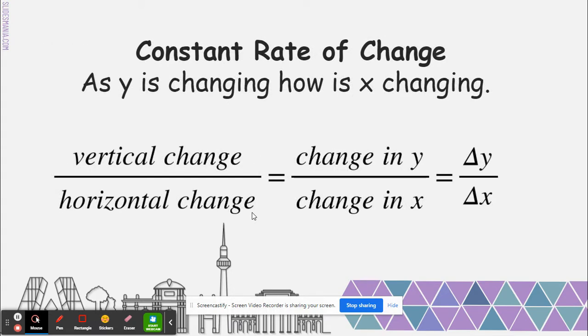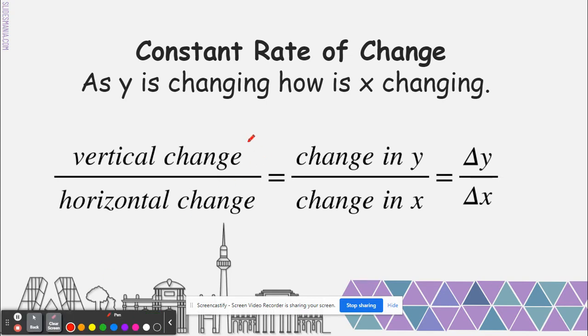All right. Now, in linear relationships, the constant rate of change is how y is changing versus how x is changing. And to calculate that, we look at the vertical change. We know that y is up and down.